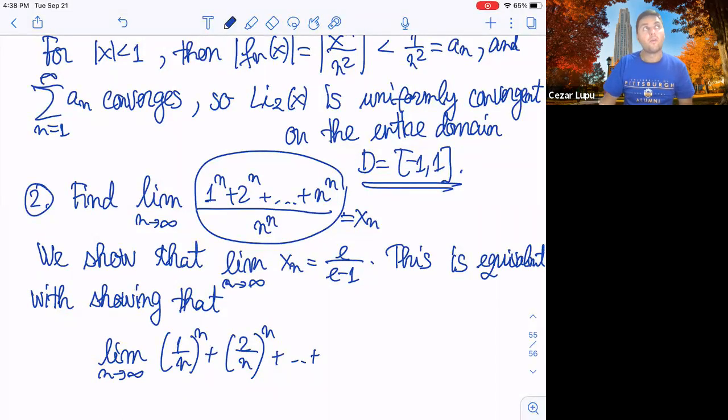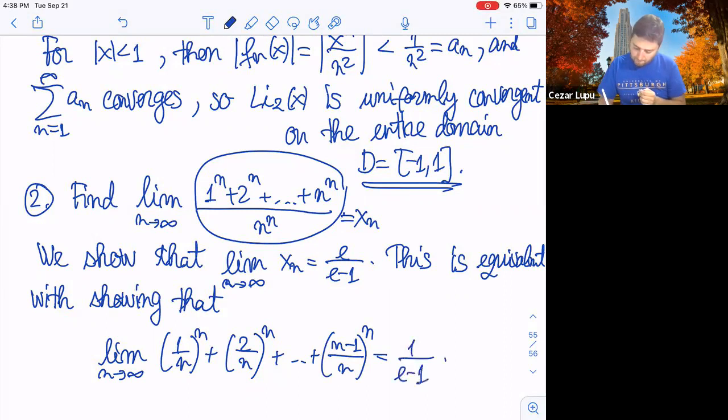So e over e minus 1, minus 1, is e minus 1 in the denominator. So this will be 1 over e minus 1. So I want to show that. If I show this, then I'm good.